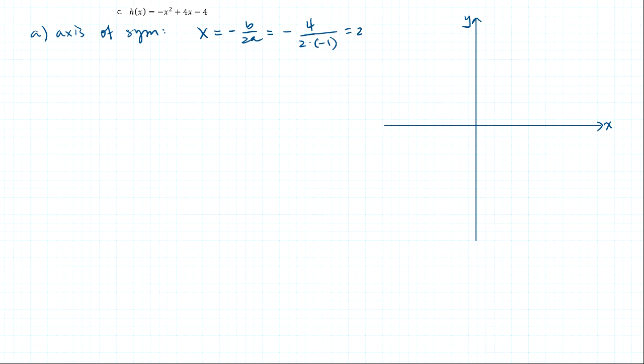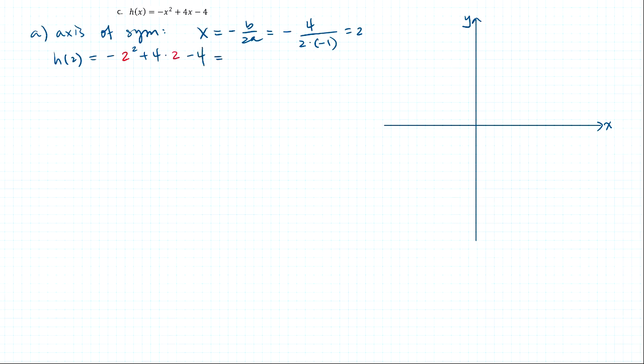Using this, we can find the y-coordinate for our vertex, because we know the axis of symmetry goes through the vertex as a vertical line. And with this, we get h of 2 is equal to negative 2 squared plus 4 times 2, then minus 4.